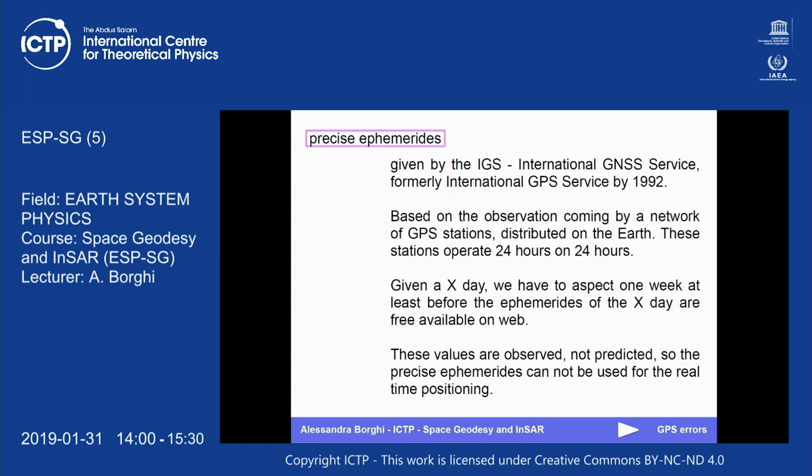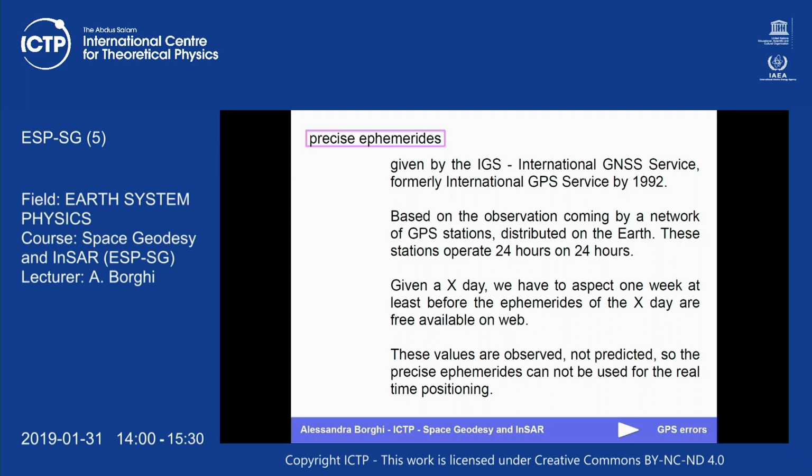So the IGS is given by a network of GPS stations that are observing all the time, 24 hours a day. These are permanent, fixed stations, well distributed all over the world.